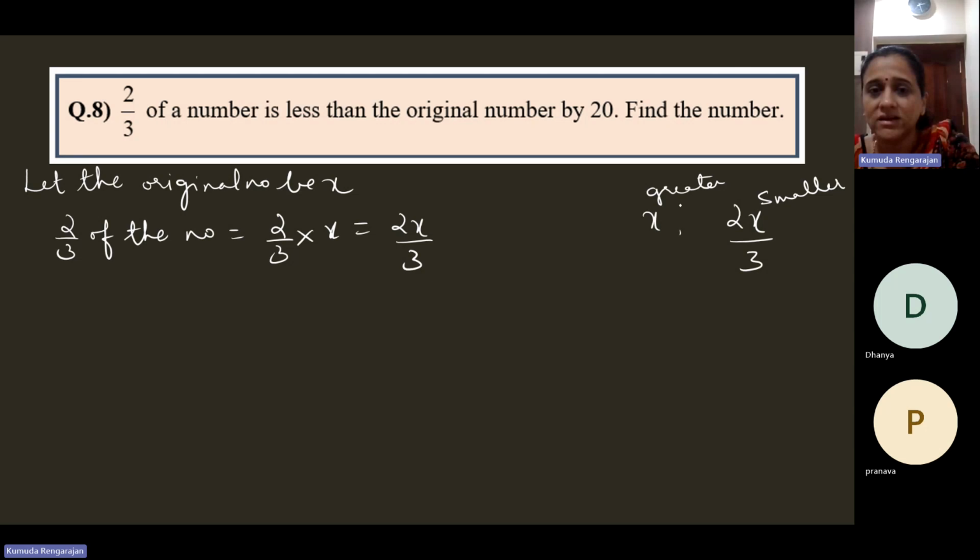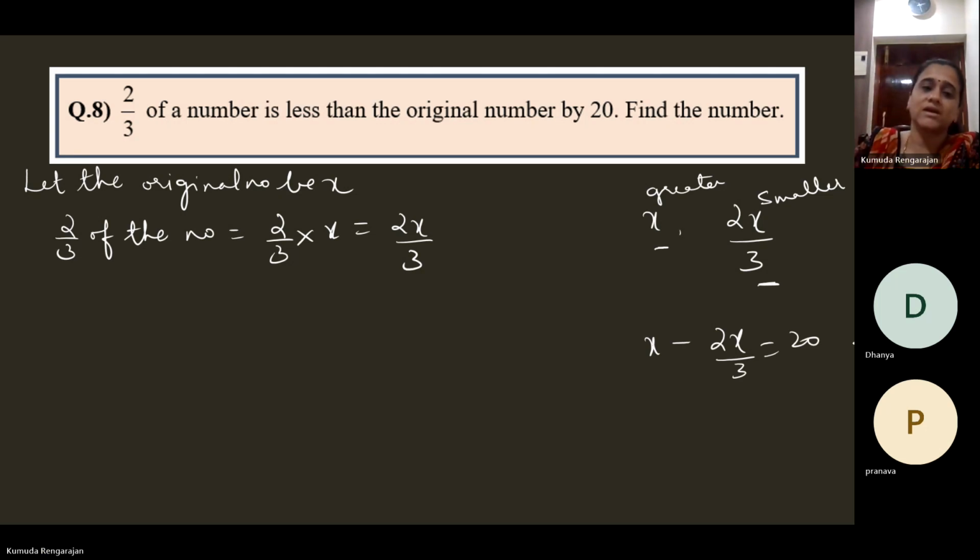So 2x by 3 is smaller. This is greater. This one is smaller than this one by how much? 20. That means the difference is 20. So the greater number minus the smaller number is equal to 20.